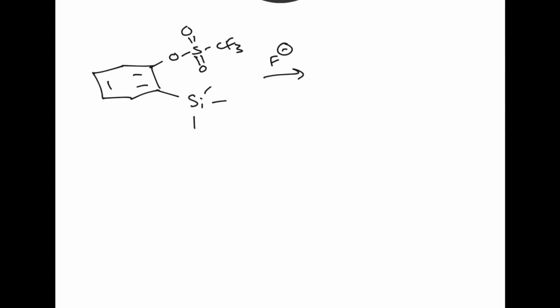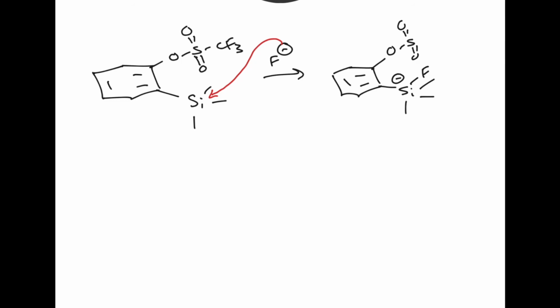So it will give up other bonds to make bonds with fluorine. So we'll add the fluorine to silicon. And silicon will end up with a negative charge on it.